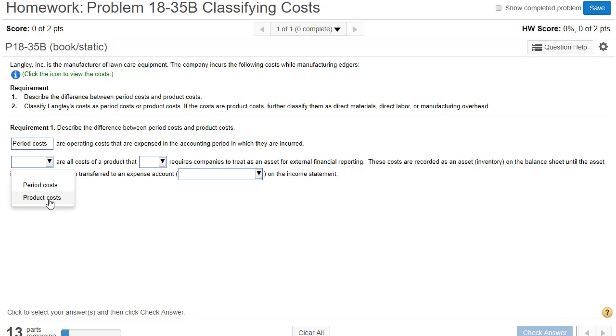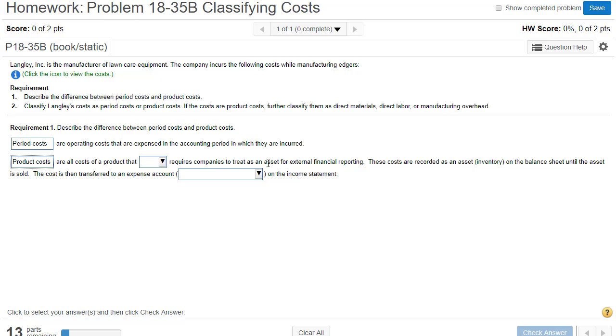And then product costs are all costs of a product that require companies to treat them as an asset. So remember, these product costs are going to be on the books until the product is sold.